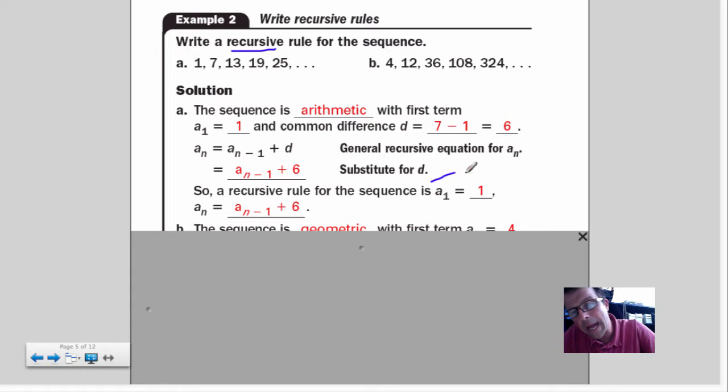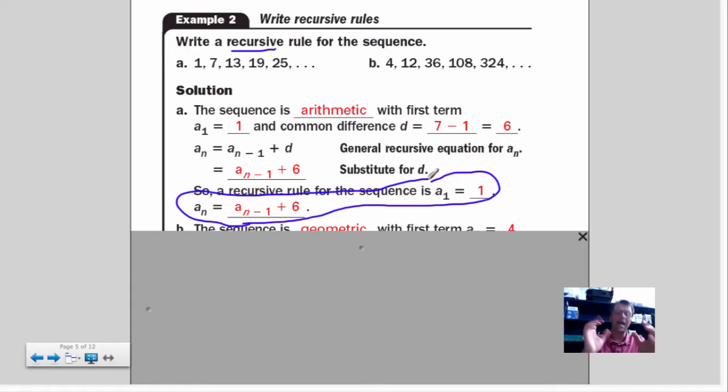The rule has to be written together, like this, circled. So that is the rule. A sub 1 is 1. And again, if you leave out that a sub 1, you can't work a rule that doesn't give the starting term.